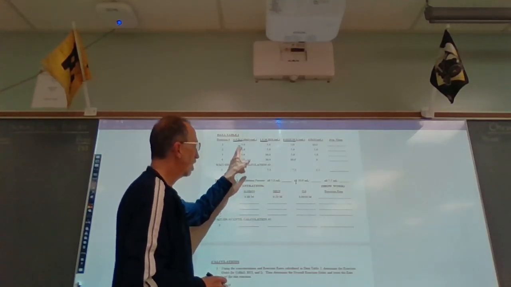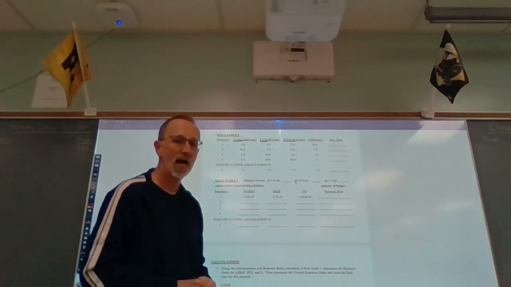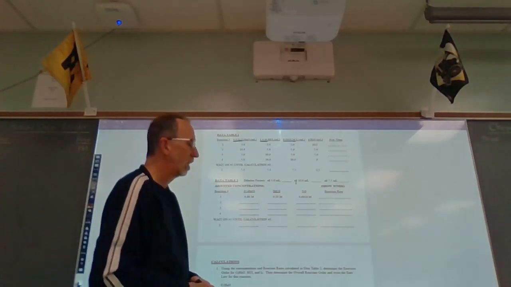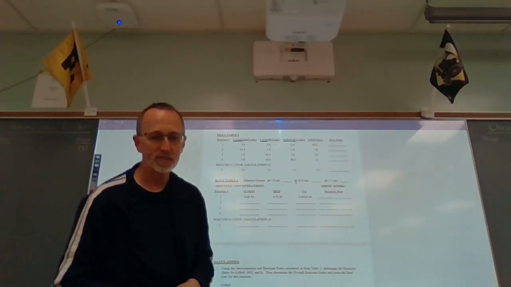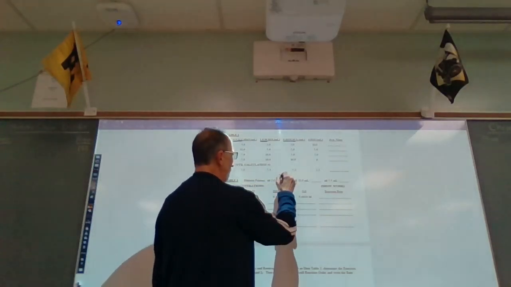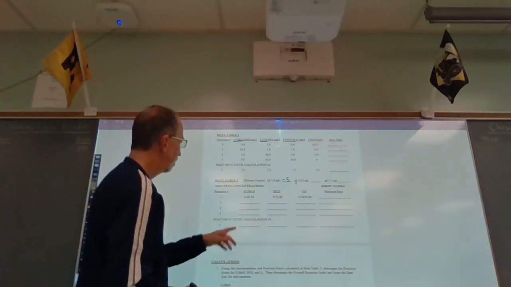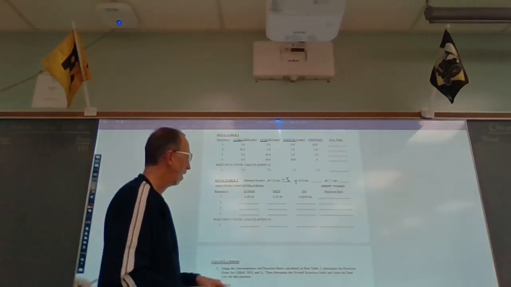All volumes that initially started at 5 mLs and ultimately ended up at 25 are being diluted by a factor of 5. And so right here, dilution factors for all 5 mLs will be diluted by a factor of 5. So now let's run down here and see how we use that.